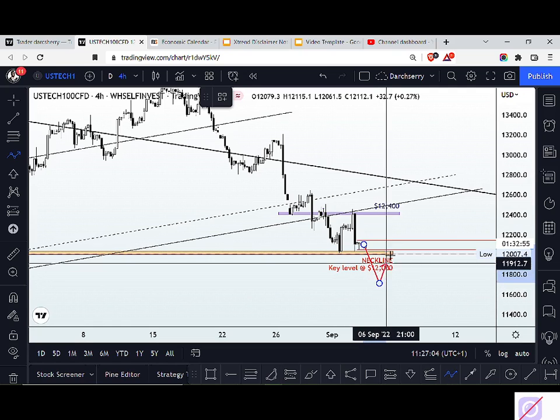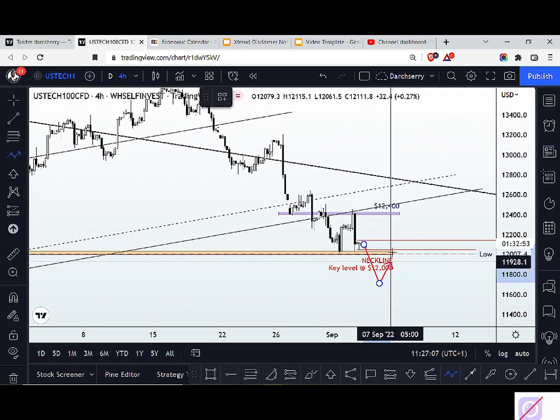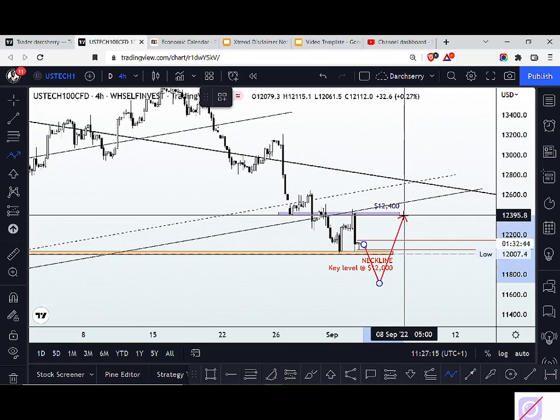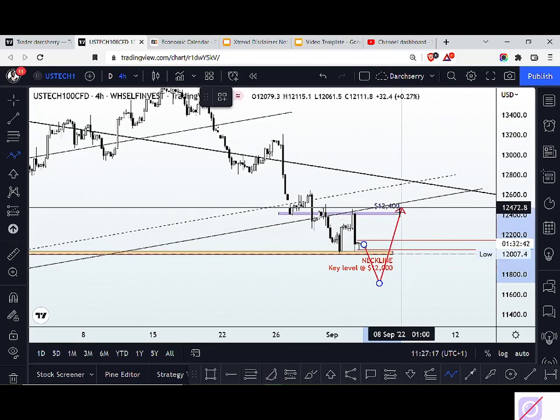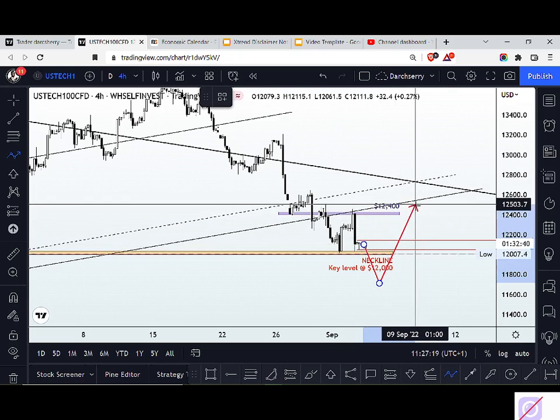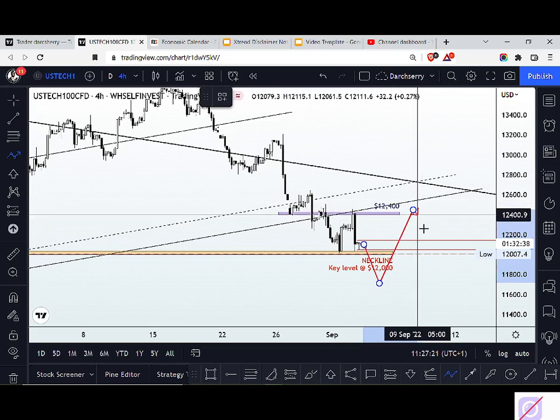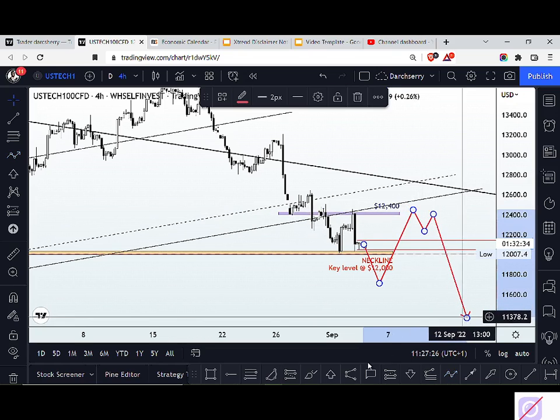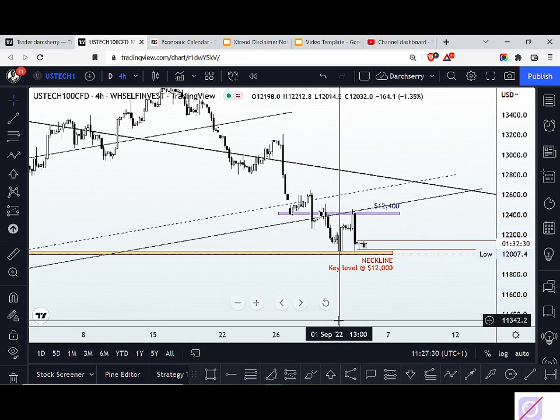We want to wait for price to give us a confirmation, which is likely going to come in the form of a retest of either this neckline at the $12,000 mark, or price will come as far as the 12,400 area, which also shares a confluence with the support level of the ascending channel here, where we will be looking out for patterns on lower time frame that support a trend continuation to the downside. So these are the scenarios we want to be looking forward to.